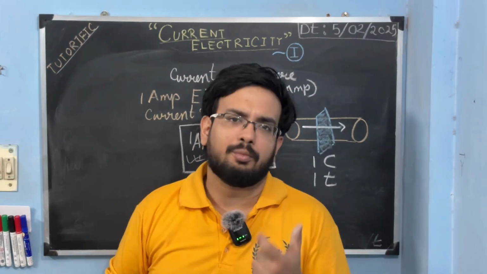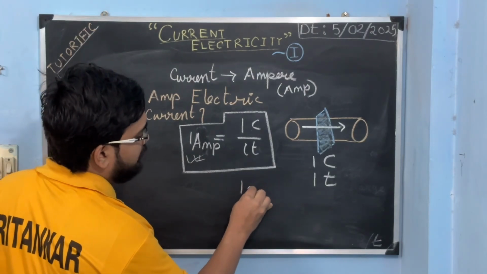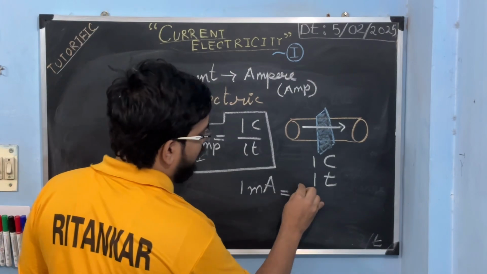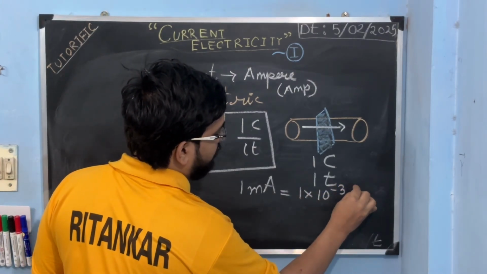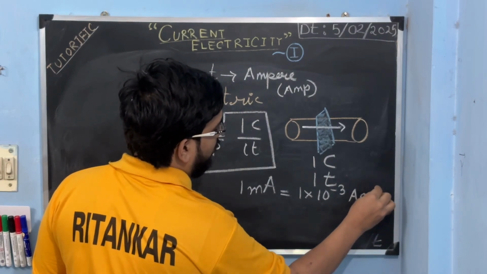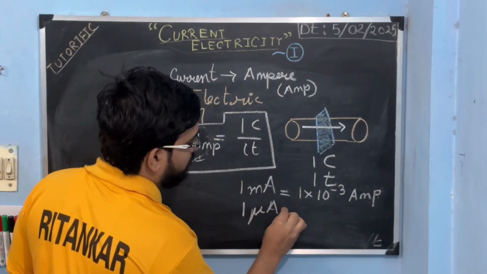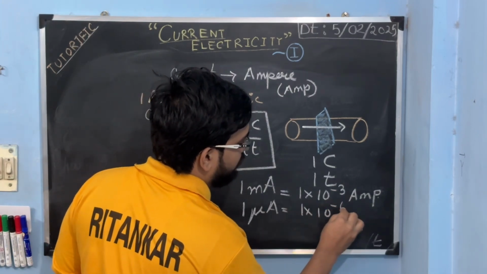So there must be smaller units of current. What are they? 1 milliampere, represented by small m A, is basically 1 into 10 to the power minus 3 ampere, and 1 microampere is basically 1 into 10 to the power minus 6 amperes.